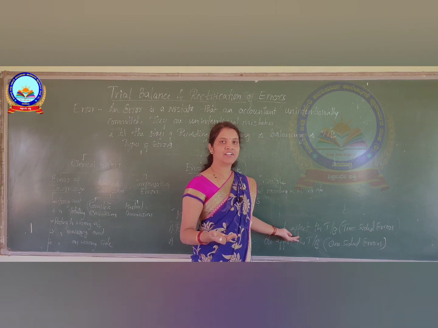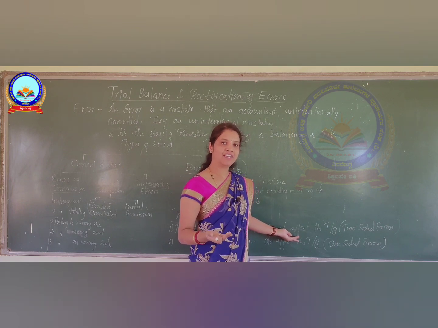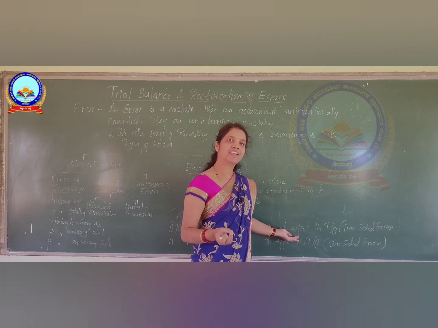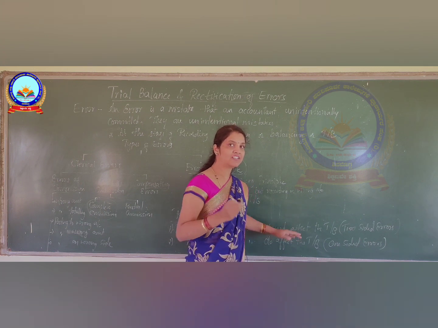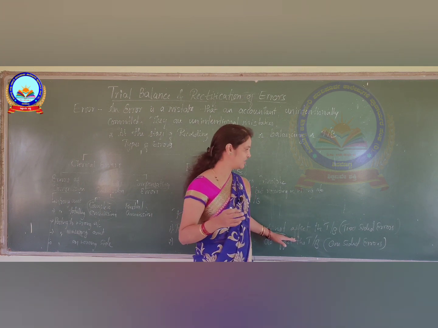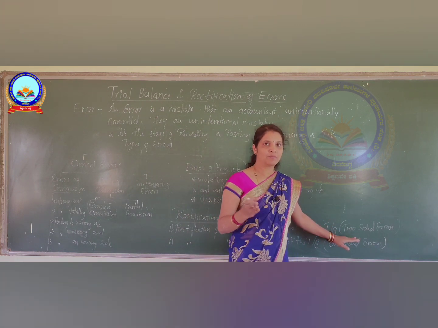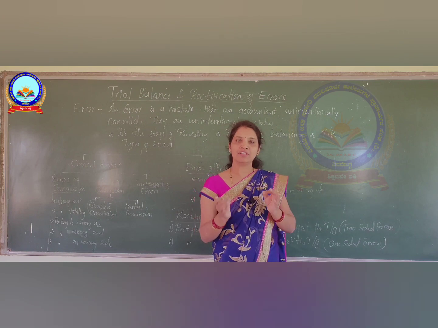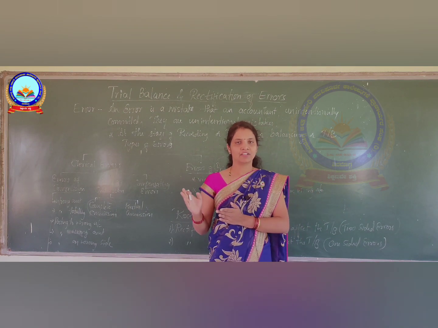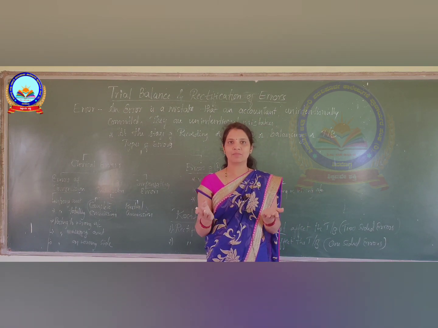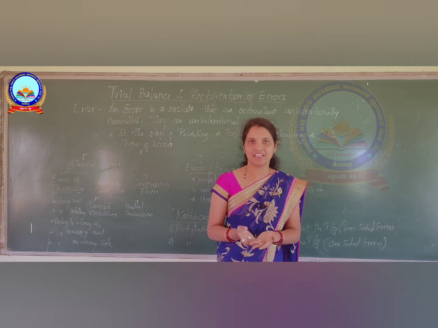The debit side of the trial balance is equal to the credit side even after committing these mistakes. Those are called two-sided errors because we committed mistakes on both sides. That is why our trial balance tallies.